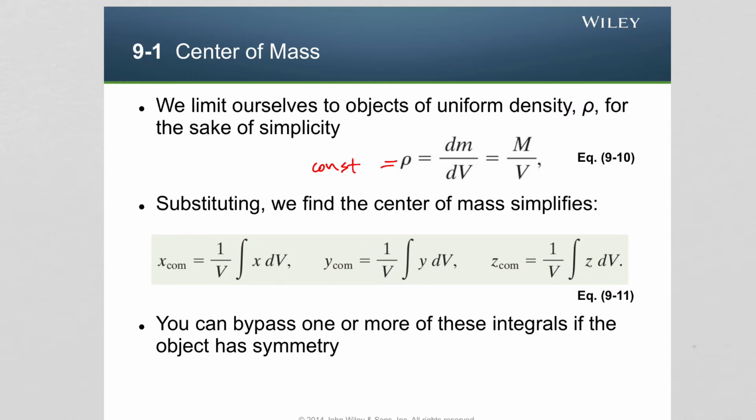What is also good about that way of representing the coordinates of the center of mass is that if there is symmetry for the object at hand, then one or more of those integrals can be bypassed. Meaning you will get the same result for one or more of those coordinates of the center of mass by simply changing the variable due to symmetry.